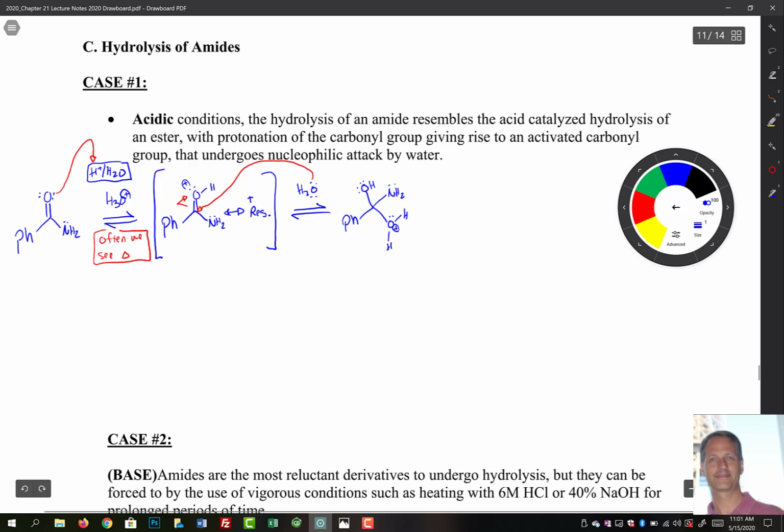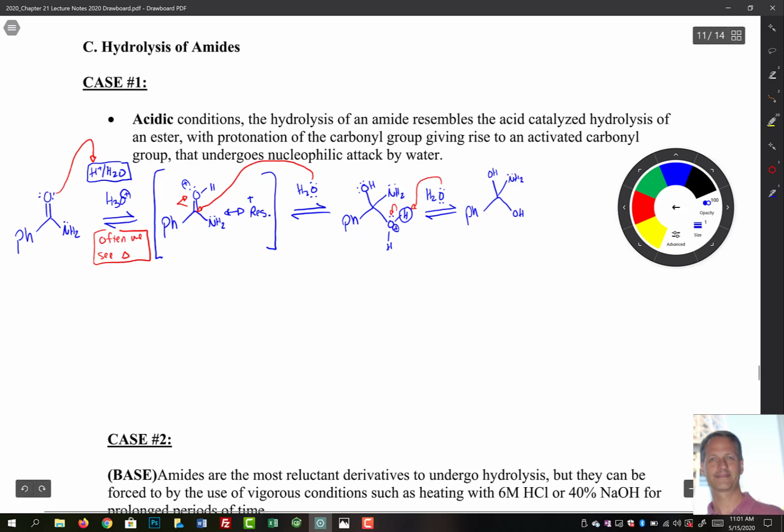So what we're going to do next is a little deprotonation. We're going to grab one of these H's, so we'll use water to do this. So swing around and grab our H, give us this. Right, and now we're going to get our OH and your NH2 on position here.